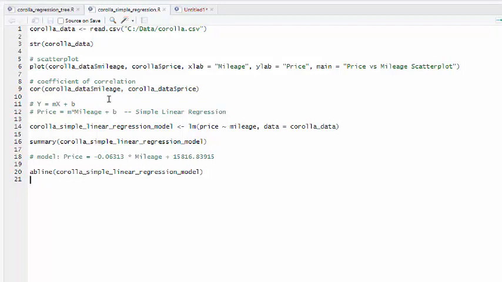So here, let me write that down in OneNote. Minus 0.063 mileage plus 15,816. All right. So here is my model essentially.